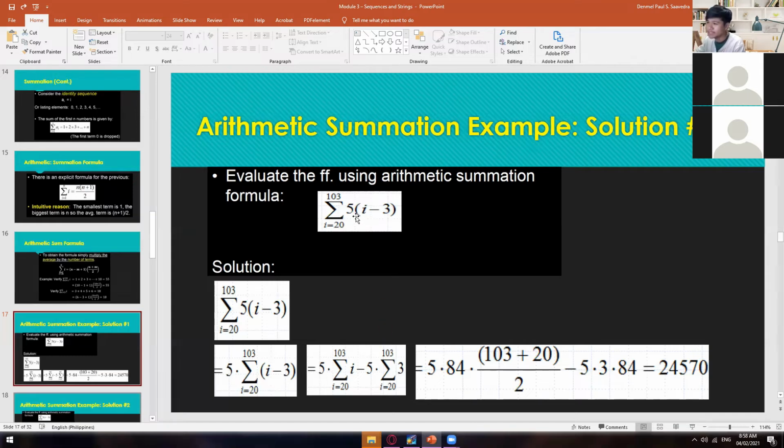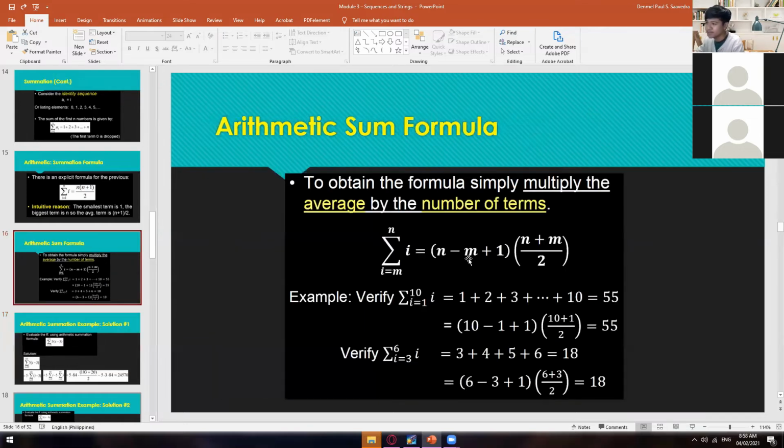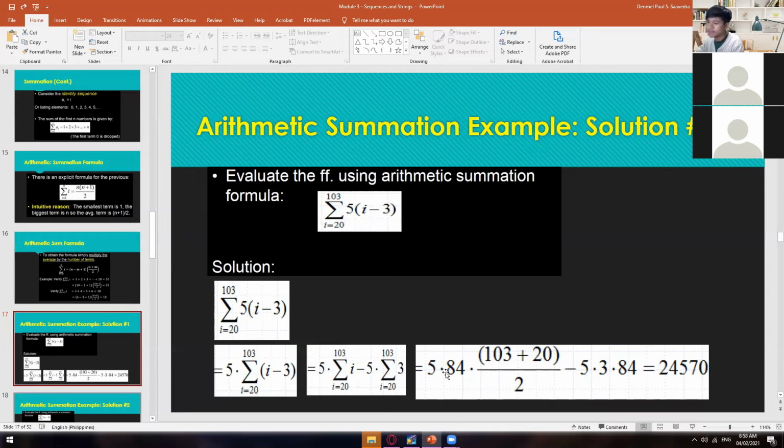And then this is already the final format. Once you have already eliminated the parentheses, then you can proceed and start substituting their values. So here, 5 is still 5. And then this summation here is actually the n minus m plus 1. So just follow that one. You will get 103 minus 20 plus 1. So 103 minus 20 is 83 plus 1, 84.